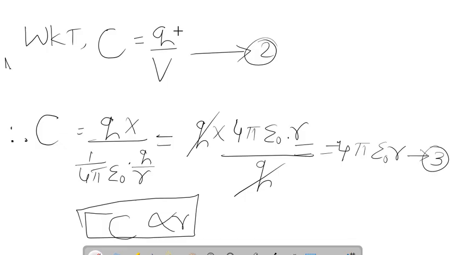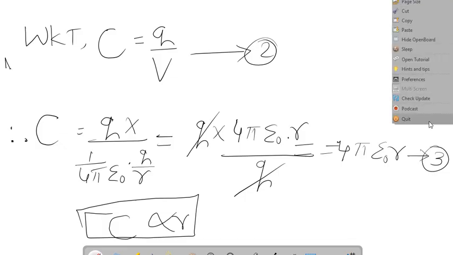This is the expression for the capacitance of the capacitor in case of a spherical conductor.